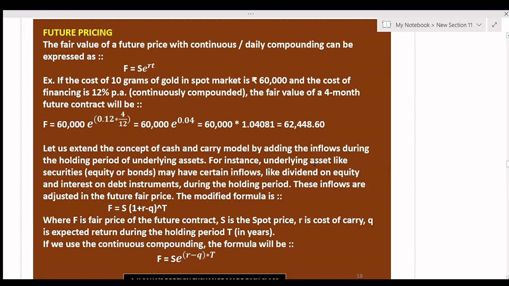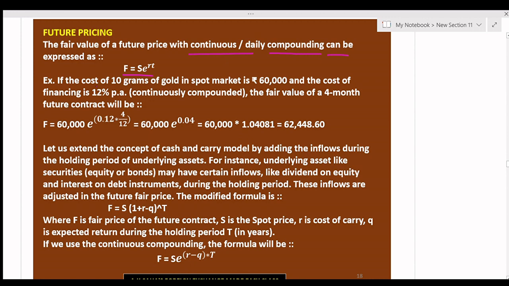The fair value of a future price with continuous or daily compounding can be expressed as F = S × e^(RT), where F is the future price, S is the spot price, e is a constant 2.713, R is the rate of interest, and T is the time.